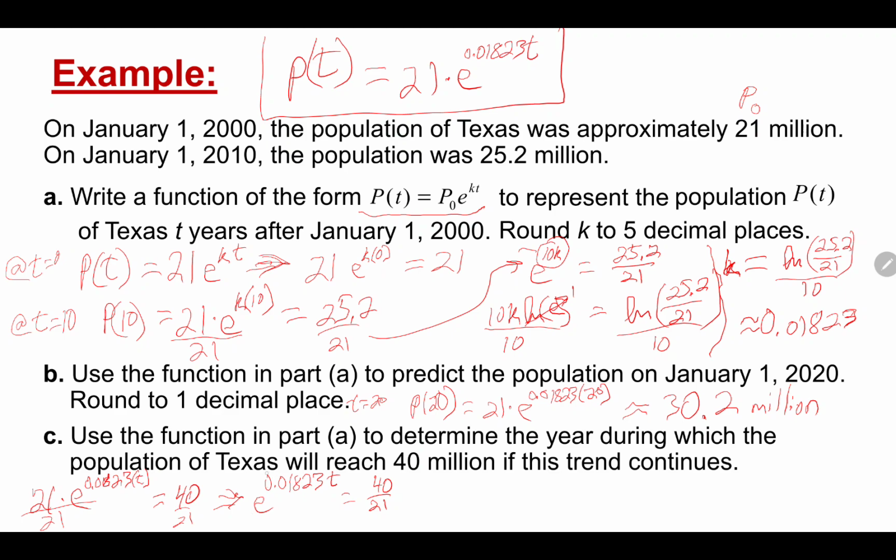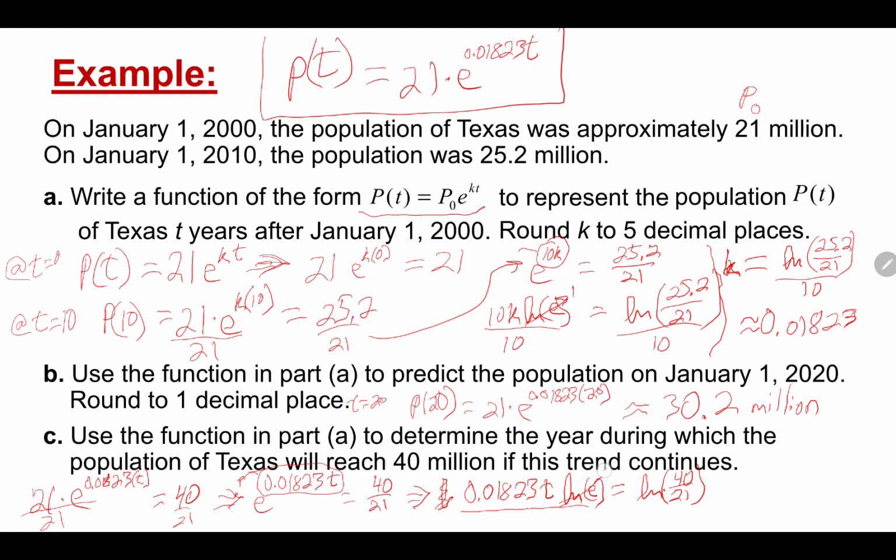Now take the natural log of these, so I can pull this out in front, and that gives me 0.01823t times ln of e is equal to ln of 40 over 21, and then just divide this.